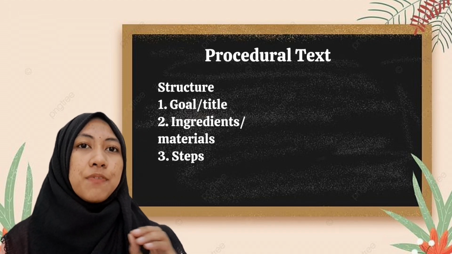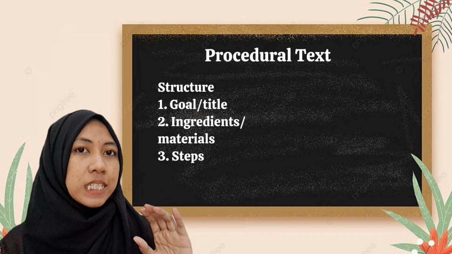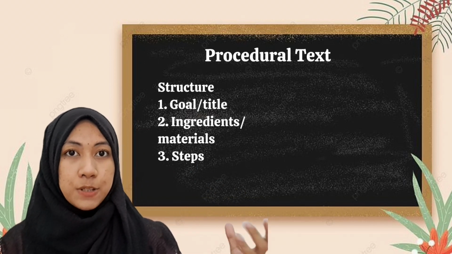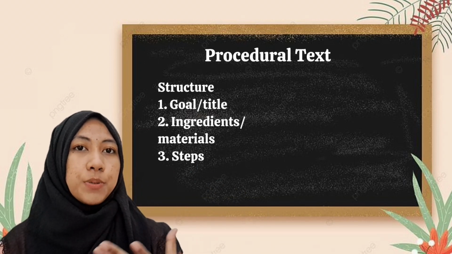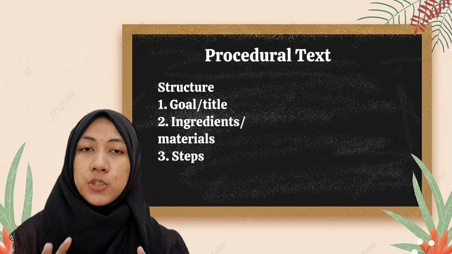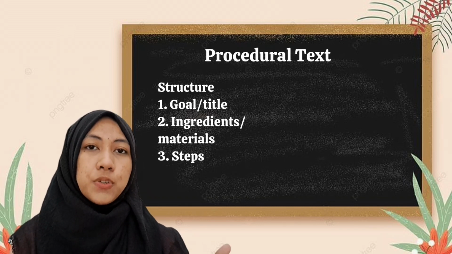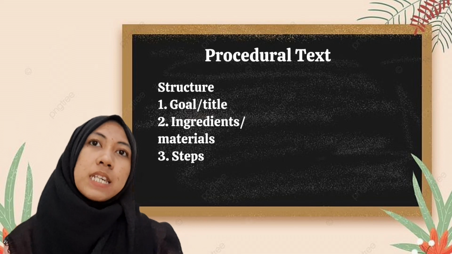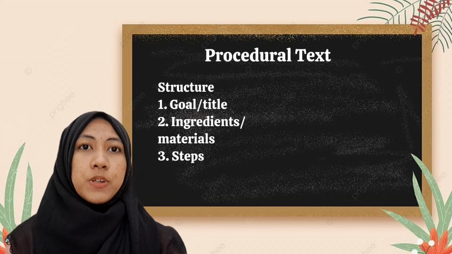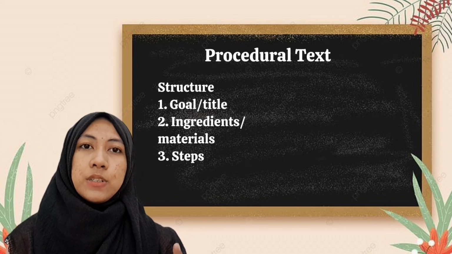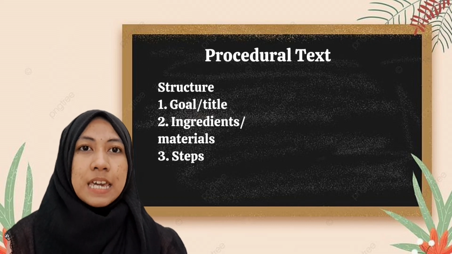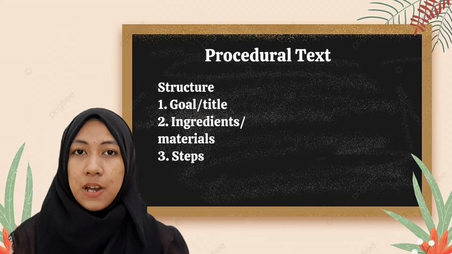And then after the title, there are ingredients or materials that we need. After knowing the purpose of the text, there will be tools or materials used to carry out the next steps. For example, we need materials for making cakes, including flour, eggs, cake molds, butter, and so on.